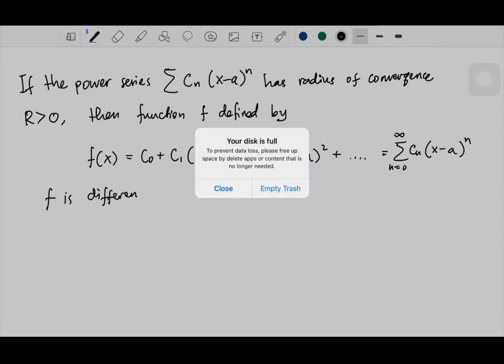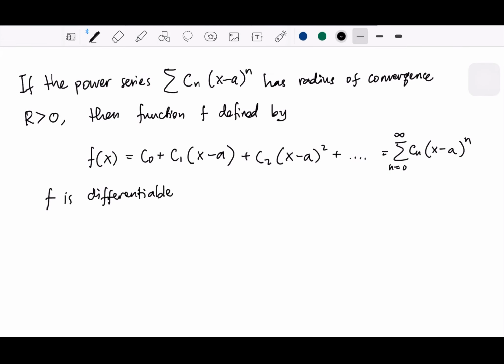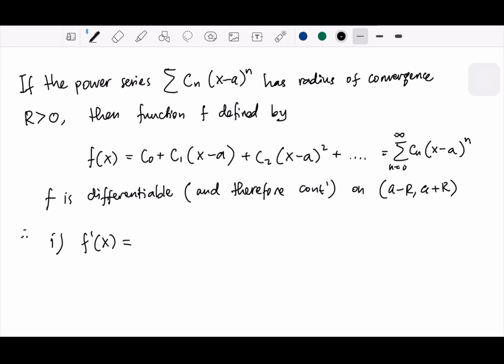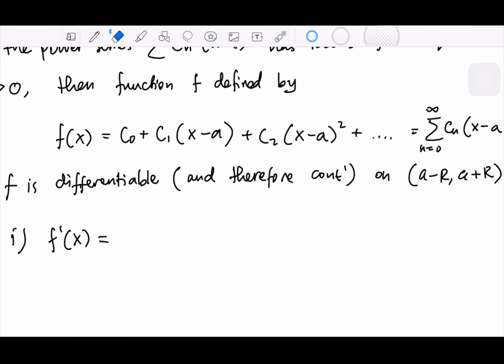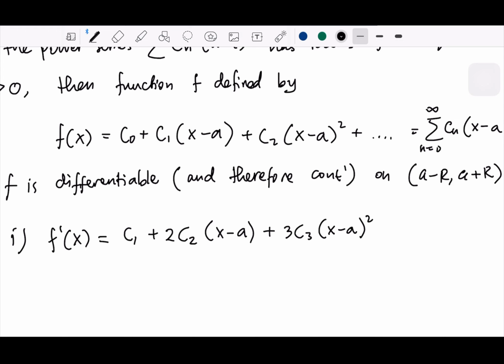differentiable and therefore continuous on the interval, and then we can say that f prime of x, if we differentiate the function f, will become c1 plus 2c2 plus 3c3 and so on.